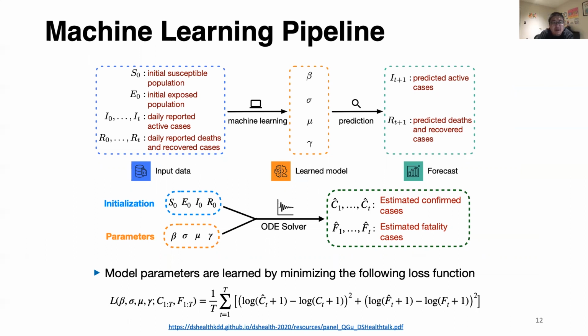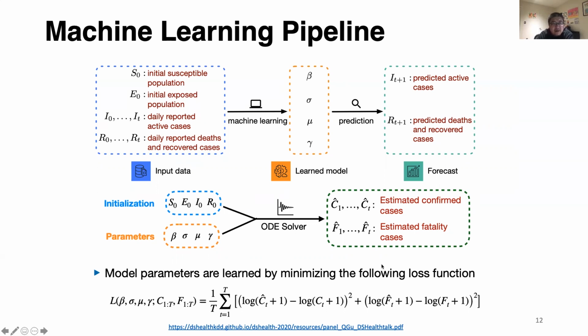Given the model parameters theta, which in this case would be beta, sigma, mu, and gamma, and the initial quantities, the initializations like S0, E0, I0, and R0, the number of individuals in each group can be calculated at time t via standard numerical ordinary differential equation solvers.